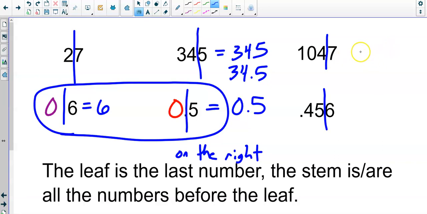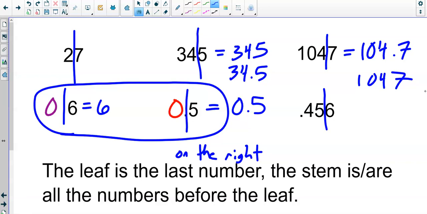If I didn't have the key, another way I could interpret this is 104.7. Without the key, I wouldn't know if it was this number or that one. That's why the key is important in your stem and leaf plot, because the key tells us how to read the numbers on the stem and leaf plot.